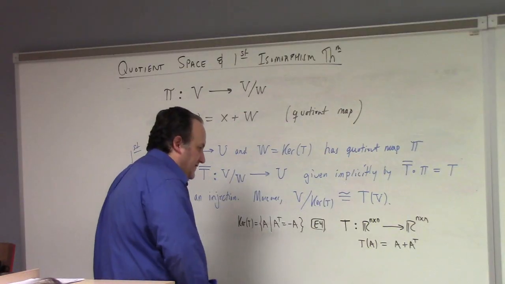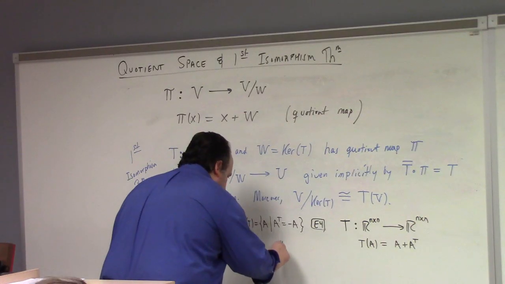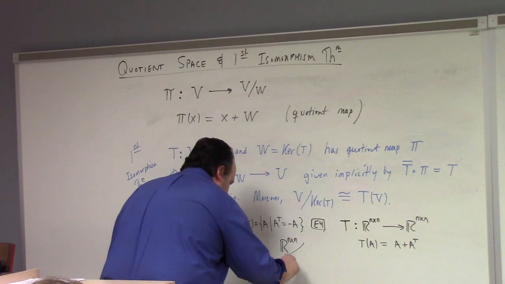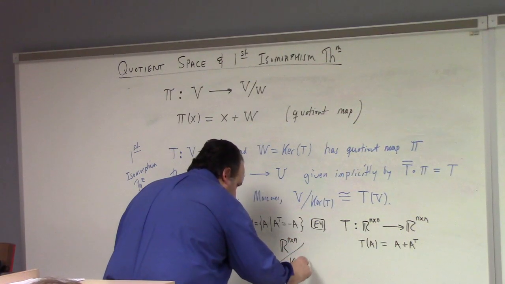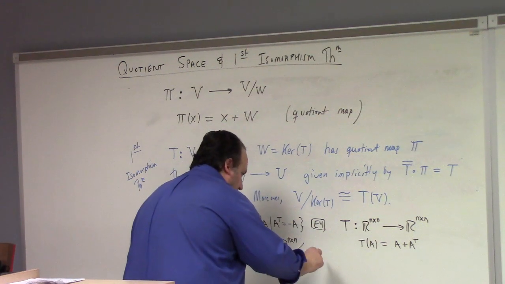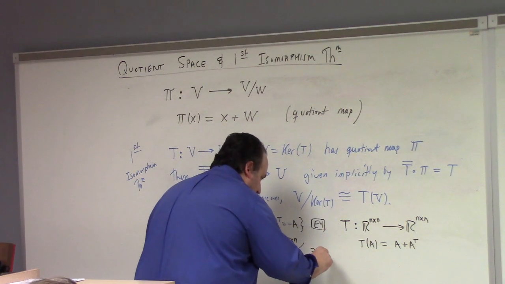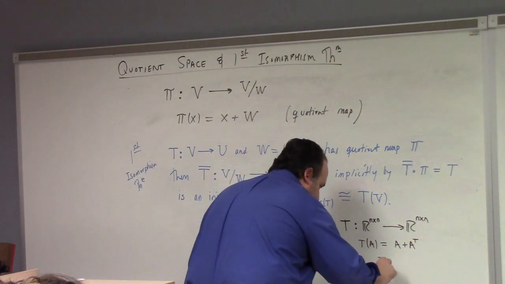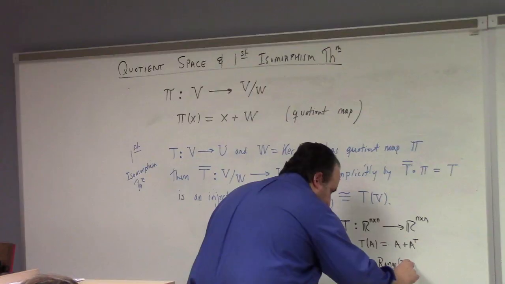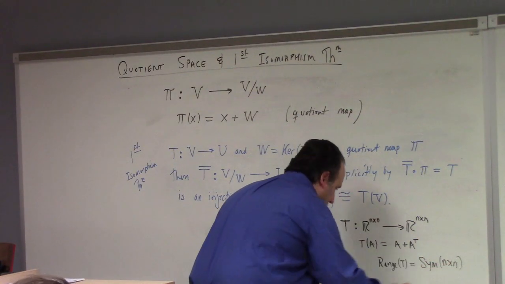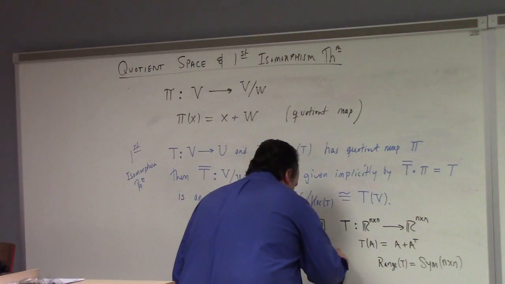So the first isomorphism theorem then says that if you take R^(n by n) and you mod by the kernel of T, it's isomorphic to the range of T, right? And what's the range of T here? It's the symmetric n by n's.